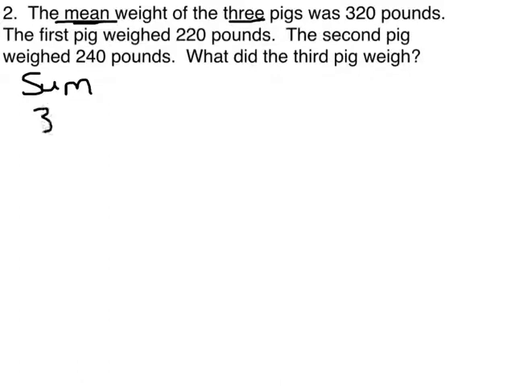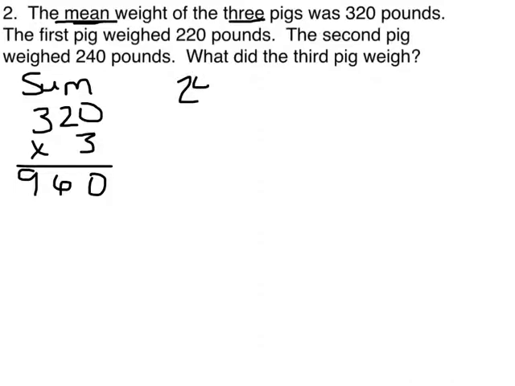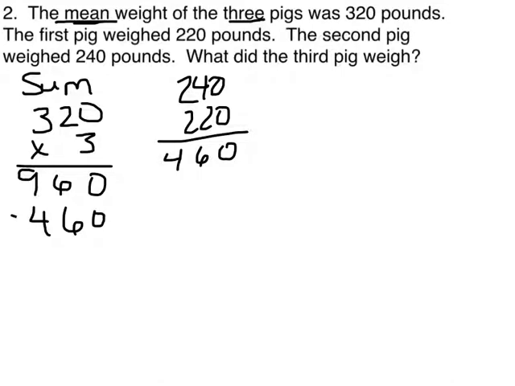We'll say 320, which is the mean, or average, times 3. 3 times 0 is 0, 3 times 2 is 6, 3 times 3 is 9. 960 is the total. We've got 240 and 220 for a total of 460. If I subtract that from the total of the 3, man, that third pig was a whopping 500 pounds.